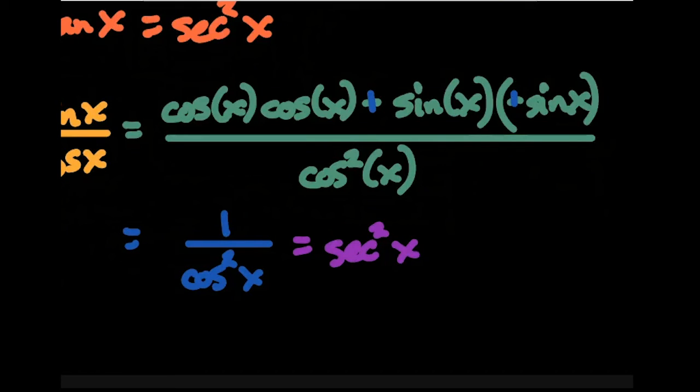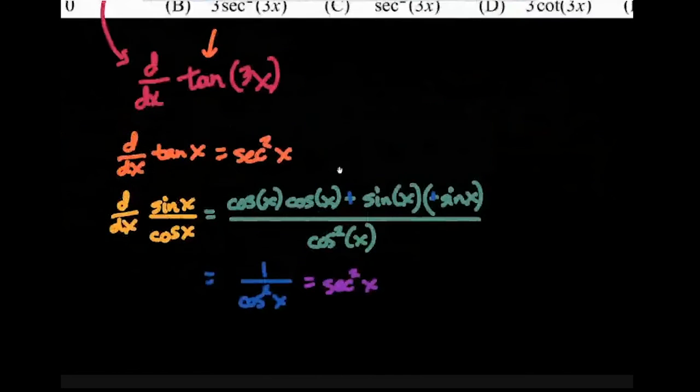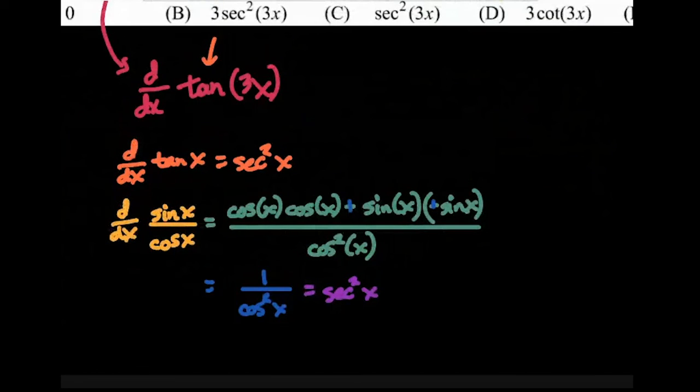But if your memory fails you, you're nervous during a test, worst case scenario, you can just prove it to yourself, work it all out and get it that way. I think that's kind of cool. I know that was kind of a sidebar there. Sorry about that, but let's keep going with this.